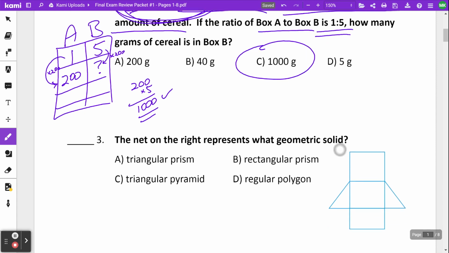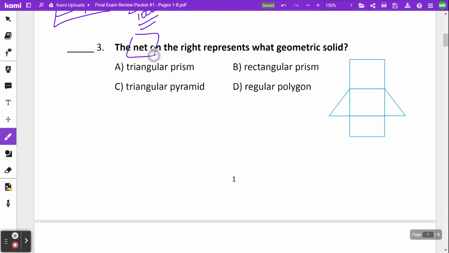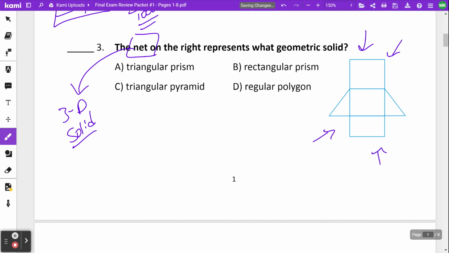Okay. Next. Oh, a net. Well, a net is taking a 3D figure or 3D solid and flattening it. So it looks like this. You just unravel the thing, kind of like a box from Amazon or something like that. Well, this particular one has 2 bases that are triangles, and if they fold up, then these rectangles become the faces or the sides.